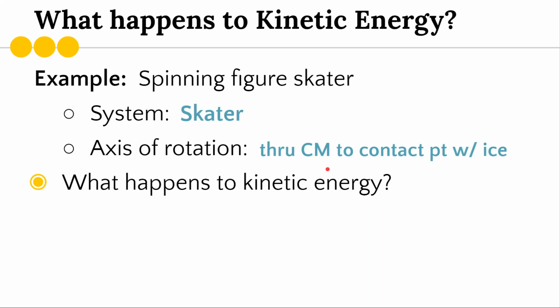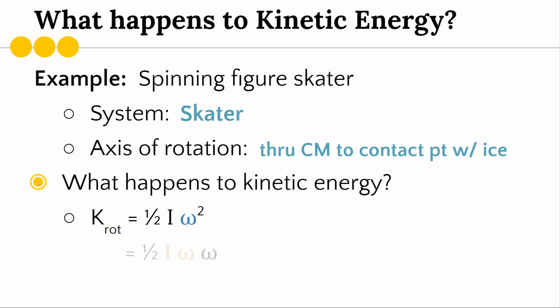All right, so again, back to the same example. What is happening to her kinetic energy whenever she does this? Okay, again, as a reminder, when we're looking at rotational kinetic energy, because that's all we have here, she's spinning in place. The equation for rotational kinetic energy is 1/2 I omega squared.